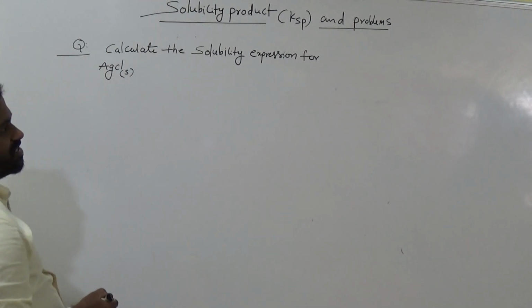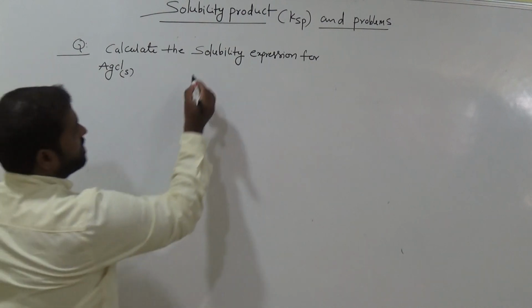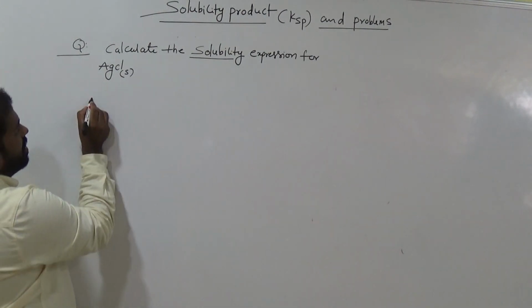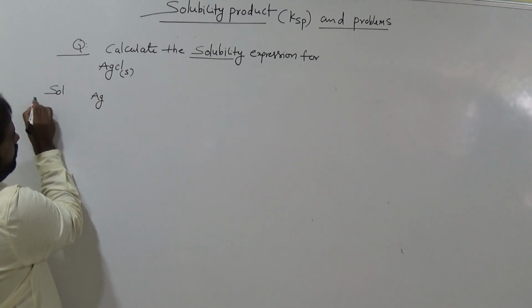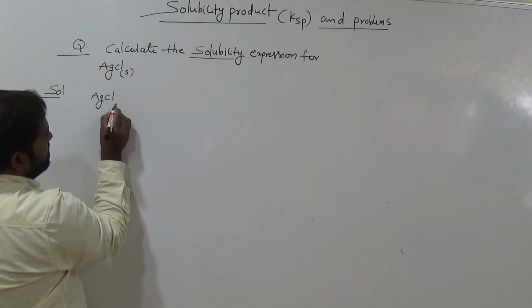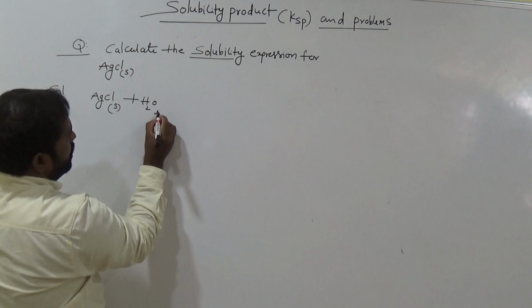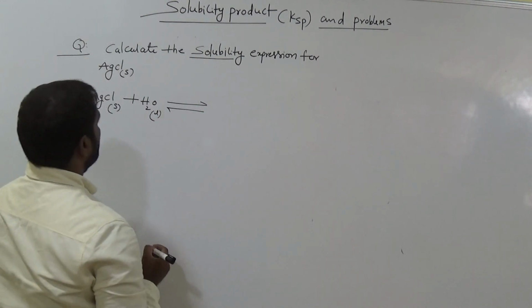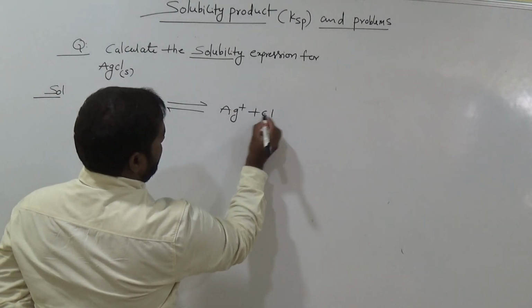Solubility means S. So AgCl, given dissolved in water, which is pure liquid, is at equilibrium. Now it is Ag plus and Cl minus.